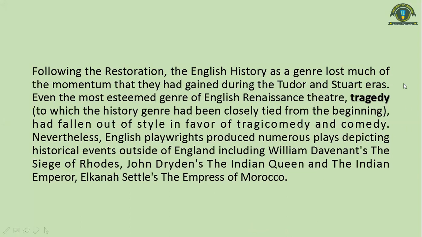And since tragedy was very much linked with the genre of history or historical play, the phasing out of tragedy shows that both genres were replaced by the new genres that were prominent in that era, tragi-comedy and comedy.